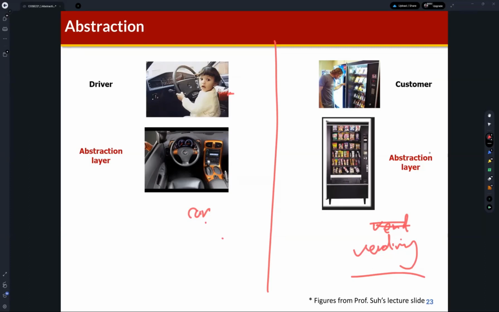And if we push the brake pedal, we can stop our car. That is our knowledge about driving a car. Using this knowledge, we can drive.